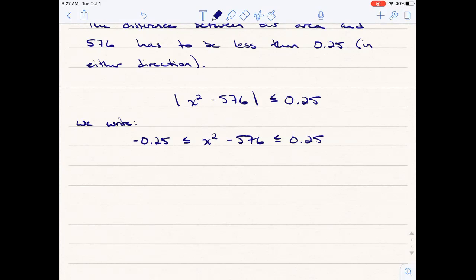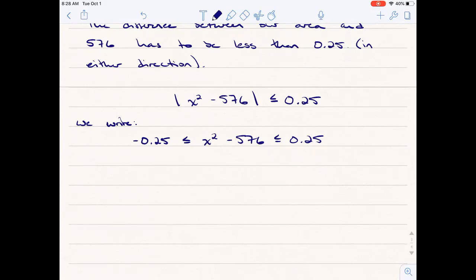Did you only write the negative because of the assumption that positive is included in the absolute value? Do you mean this negative? No, sorry, the one up above. Like for the x squared minus 576, did you just leave it like that? Yeah, because x squared plus 576 is another equation.